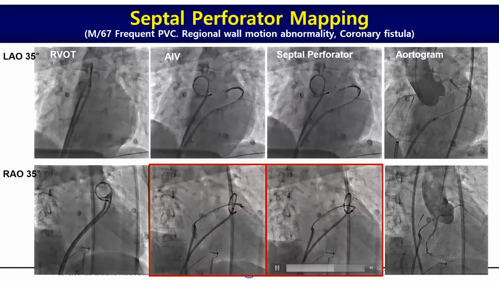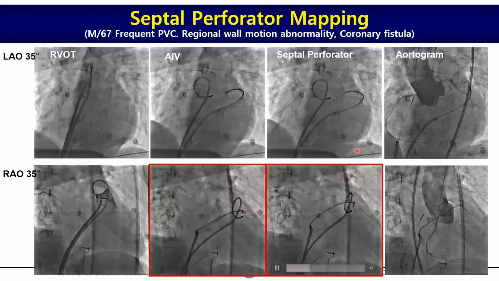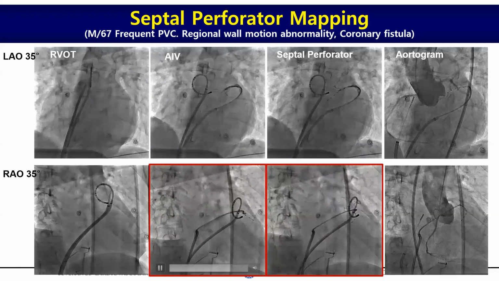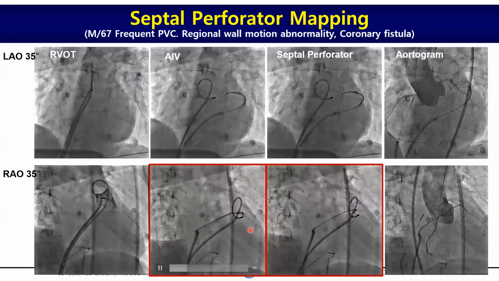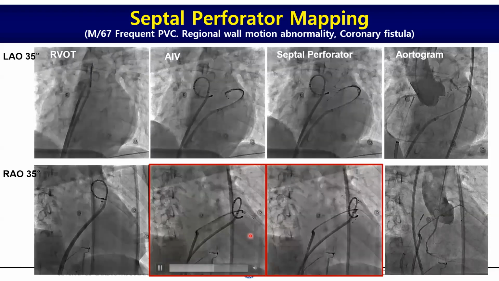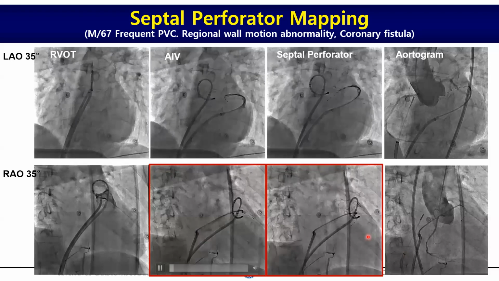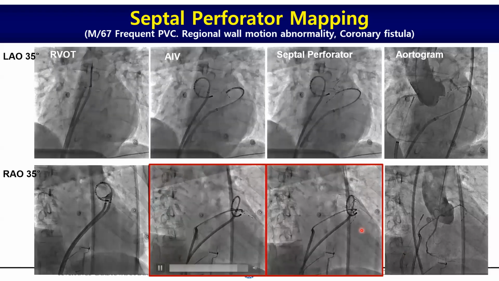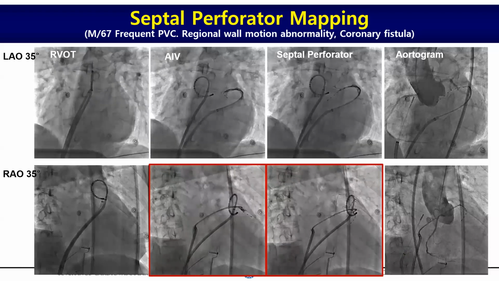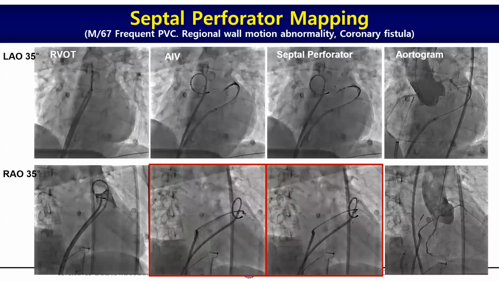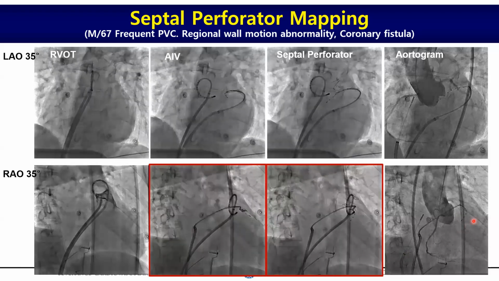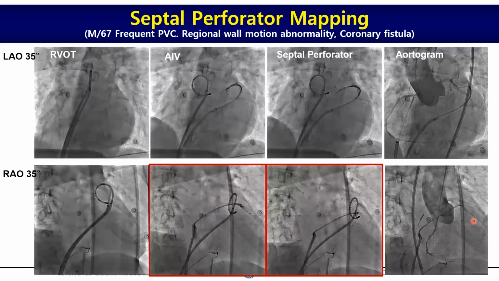You cannot distinguish the AIV and perforator in the LAO view, but in the RAO view, the AIV comes down along the LV anterior wall, while the septal perforator is seen in a bent position. Since you have to do an aortic cusp angiogram before burning, you can distinguish the septal perforator and the communicating vein by distance from the aortic root.